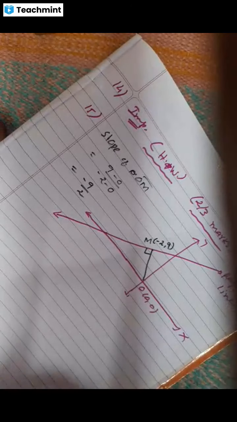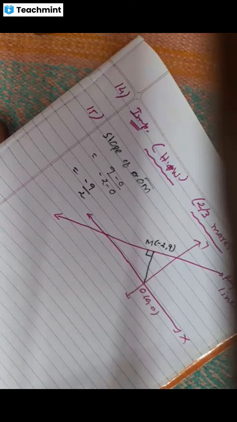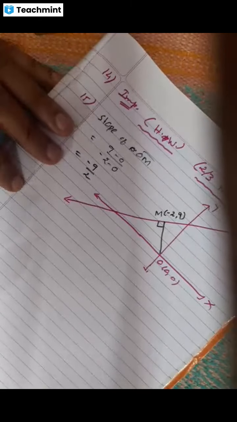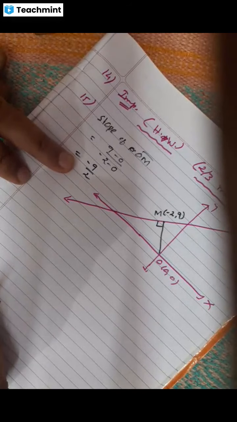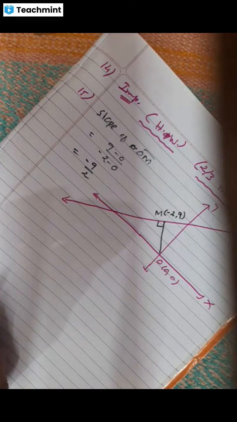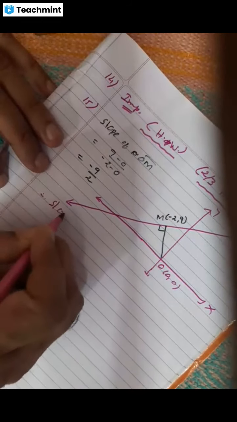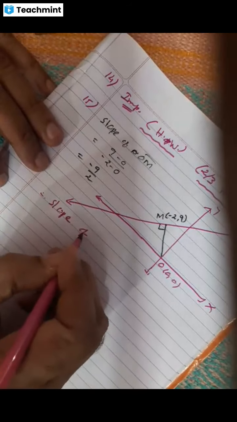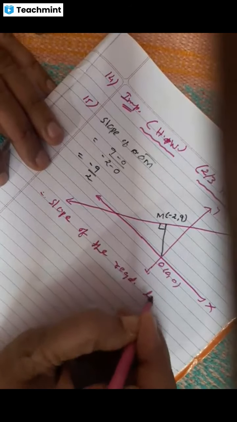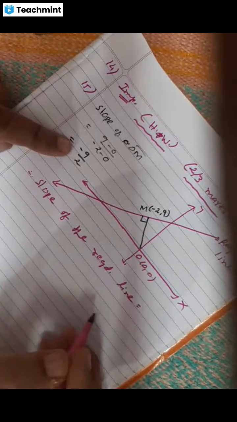Therefore, what will be the slope of the required line? Slope of the required line क्या हो जाएगा? Perpendicular. So perpendicular slope will be what? Negative reciprocal. And so you can say that the slope of the required line will be negative reciprocal.